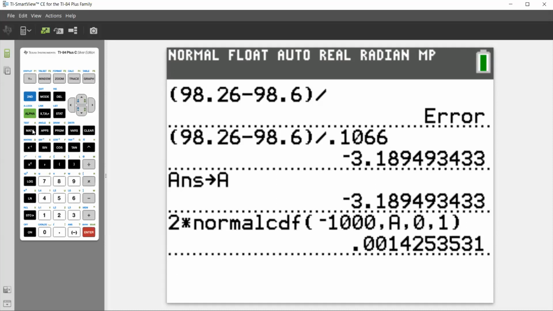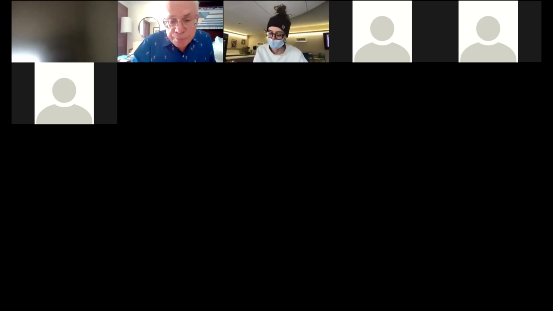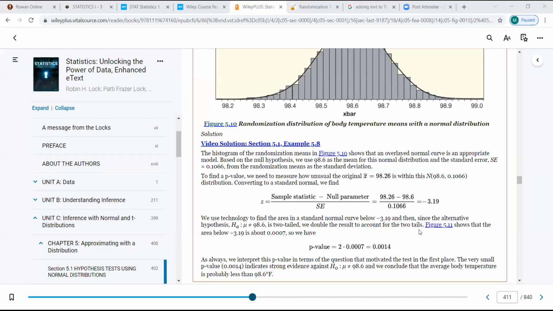Now let's go back to the book. And notice it's an exact match to what they show in the book.